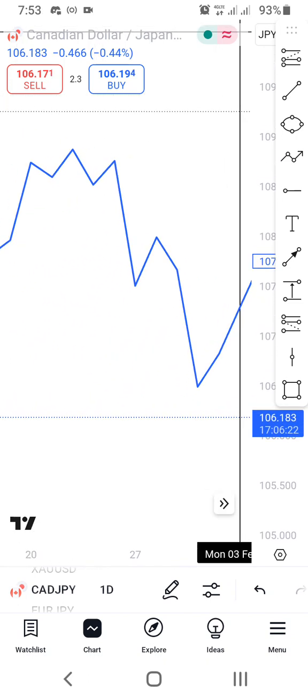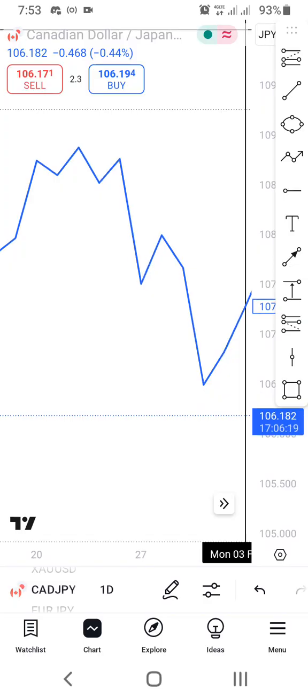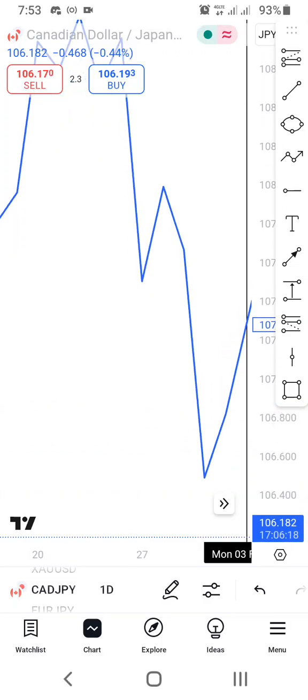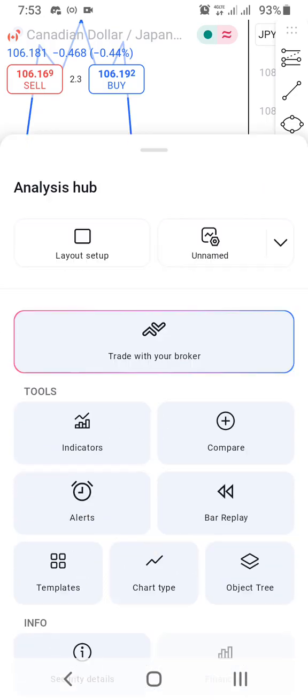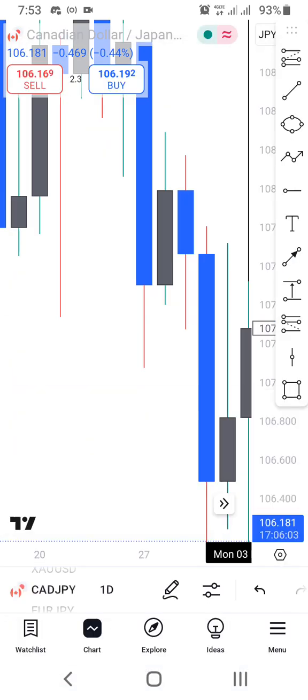Let me zoom in here before the week starts. You see, before the week started, it already printed a VV shape. So I think it's fine even though we shift back to candles.